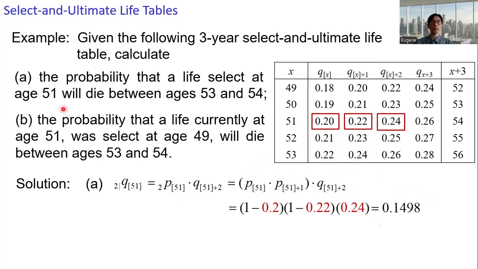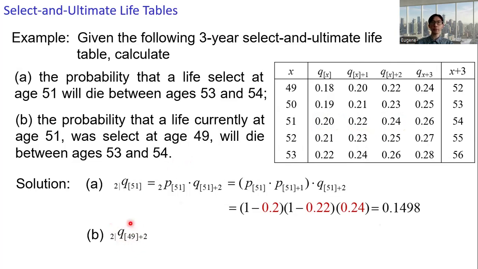Part B, calculate the probability that a life currently at age 51, this individual select at age 49, will die between ages 53 and 54. The notation is 2|q49+2, select age at 49.